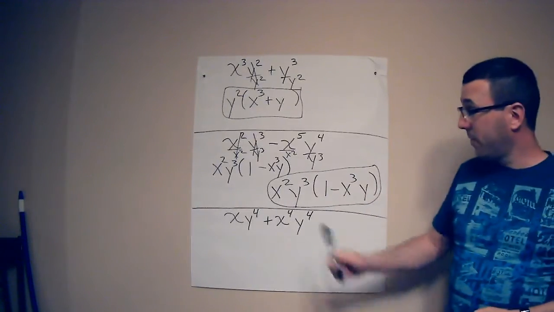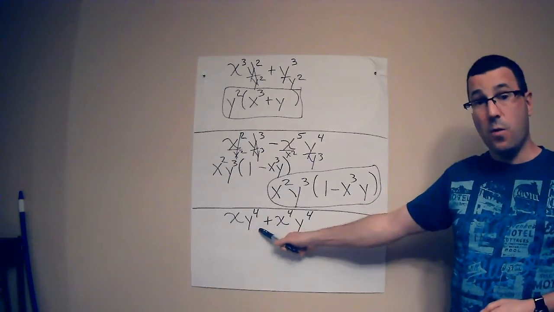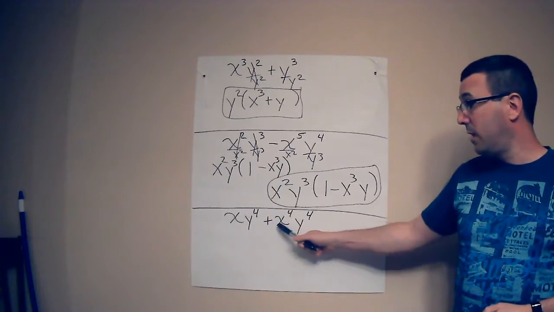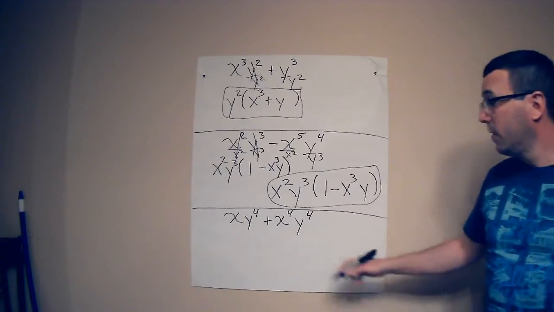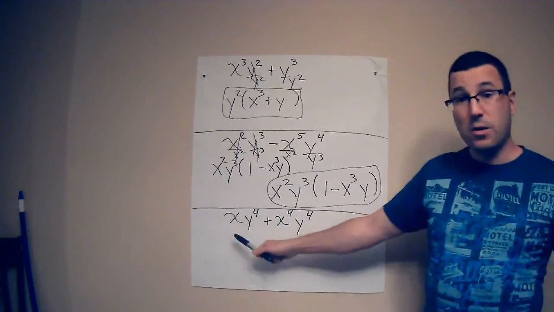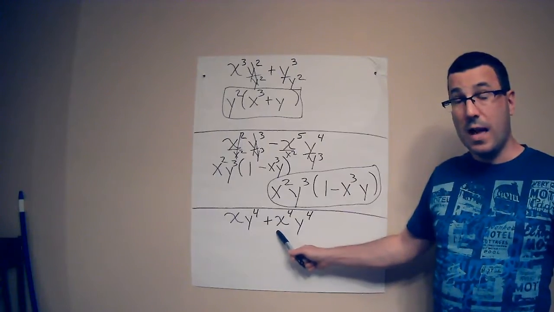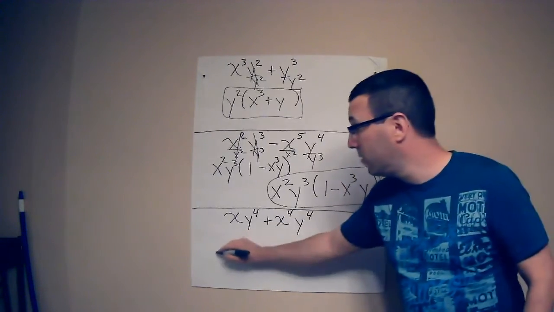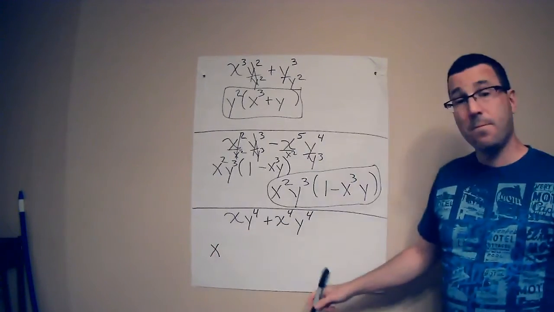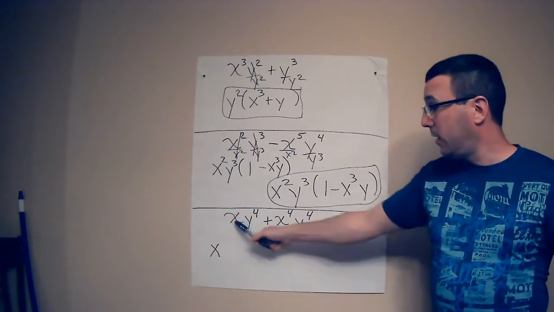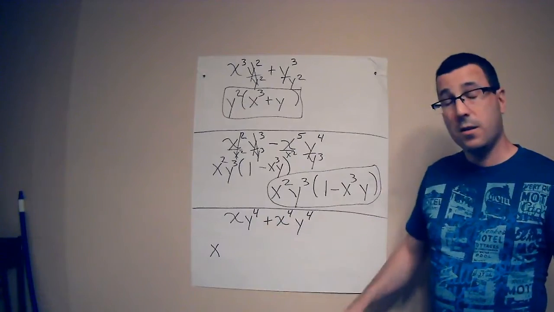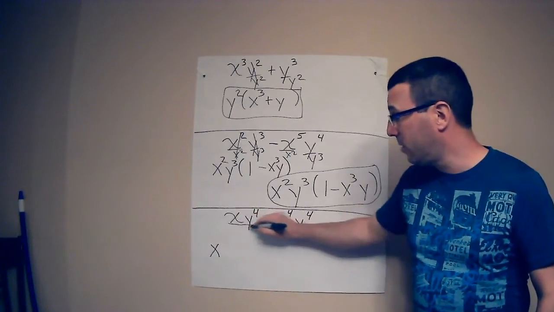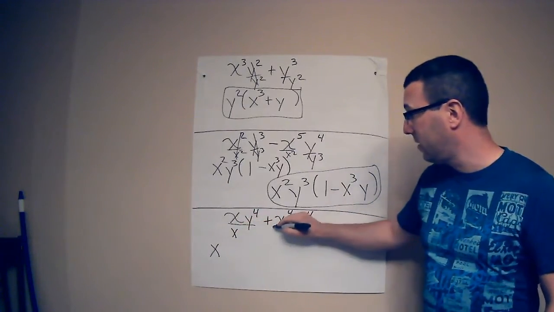One more. X, y to the fourth, plus x to the fourth, y to the fourth. So, I look, both terms have an x. So I'm going to put an x on the outside. And I look, which one has the smaller exponent? The x. So I'm going to divide both sides by x.